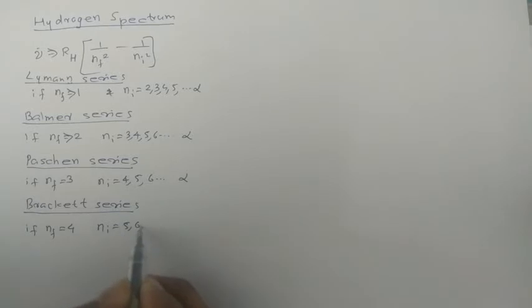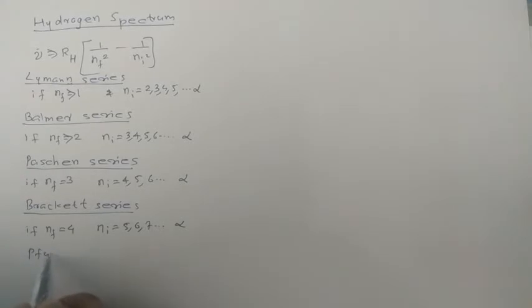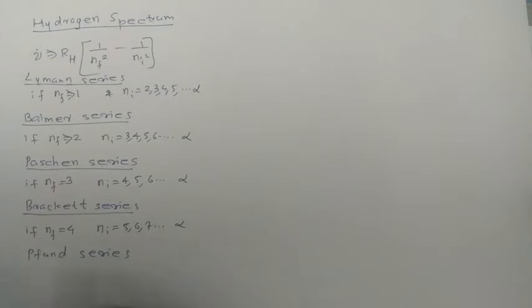If n_f is equal to 4, n_i is equal to 5, 6, 7 up to infinity, this leads to the Brackett series. Next one, Pfund series. If n_f is equal to 5, n_i is equal to 6, 7, 8, it means the Pfund series.